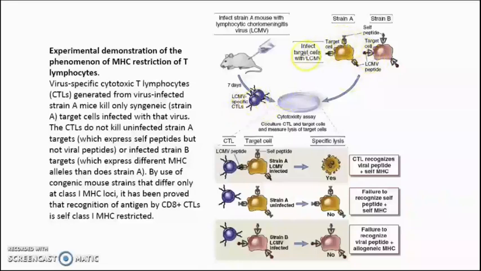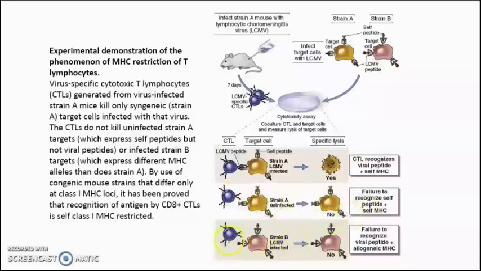Then target cells infected with LCMV are taken from strain A and strain B. There are two strains of animal. The LCMV-specific T cells from strain A with infected strain A cells cause lysis. Then strain A T cells with strain A non-infected cells, there is no lysis.